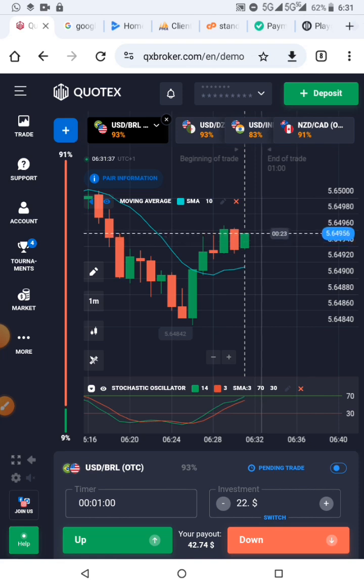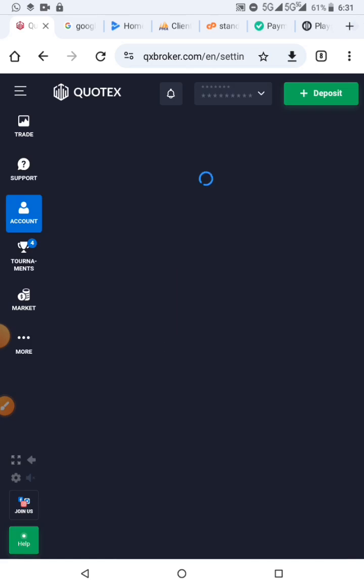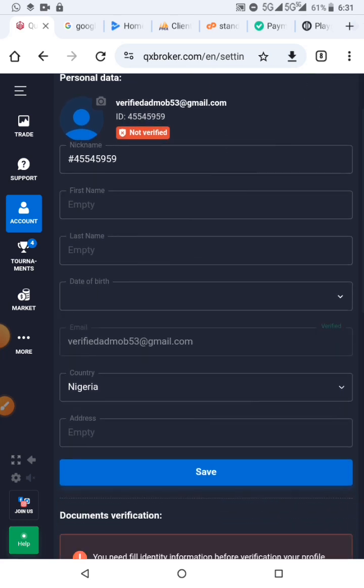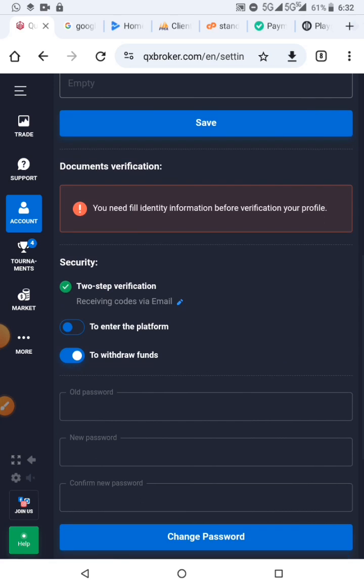Okay, another thing, once you register your account, it is going to have two-factor authentication. Let me go to this page. I've not verified this account, but once you open a fresh account like this, the first thing to do is scroll down to where you are seeing security and two-step verification.